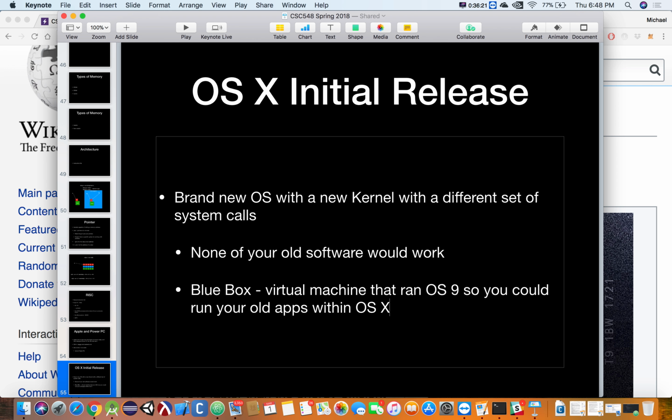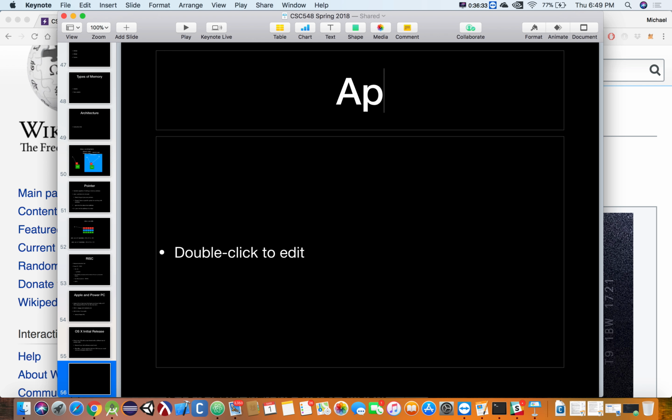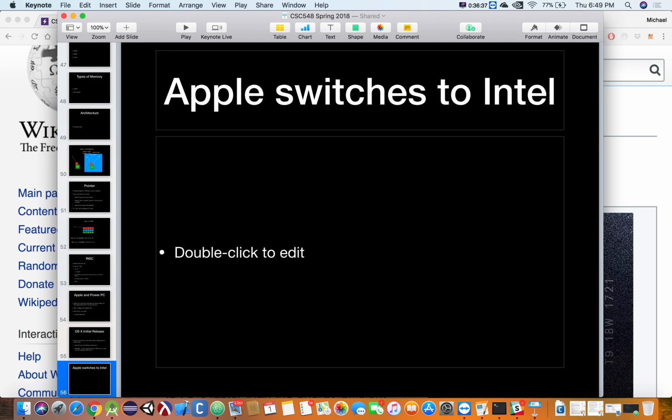Then a couple of years later, maybe not even two years later, Apple switches to Intel. So they switch from a RISC instruction set, PowerPC, to Intel. Well, what does that mean? So they had to port OS X to Intel.